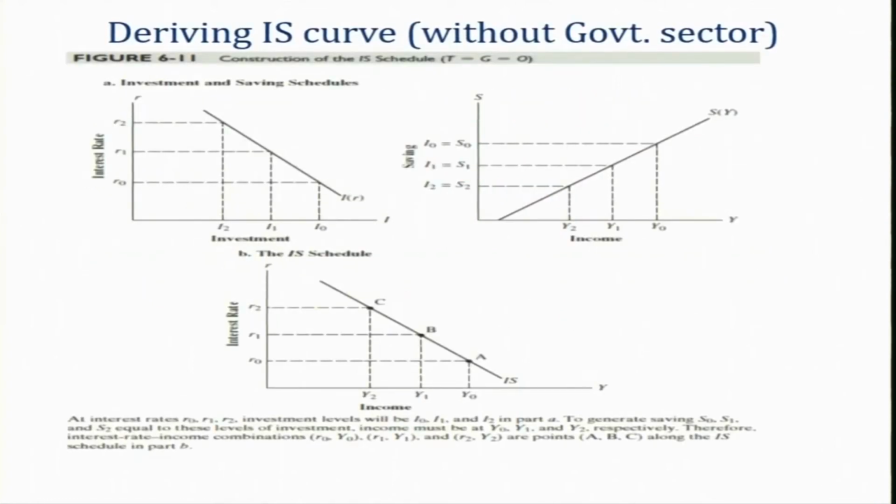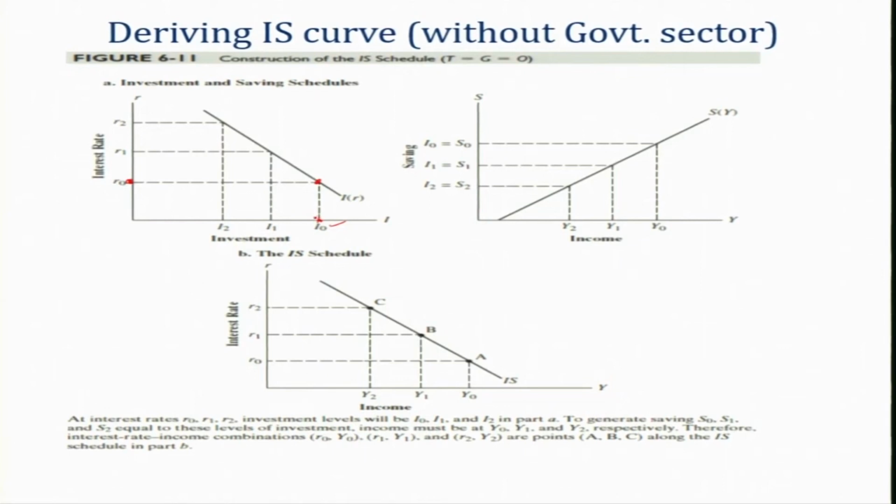Deriving the relationship, starting with the inverse relationship between investment and rate of interest, consider an interest rate R0. The investment demand is I0, which is large, because at a very low rate of interest there is a vast demand for investment.